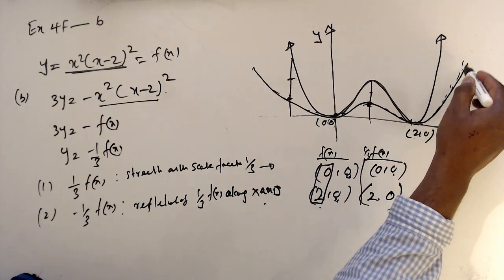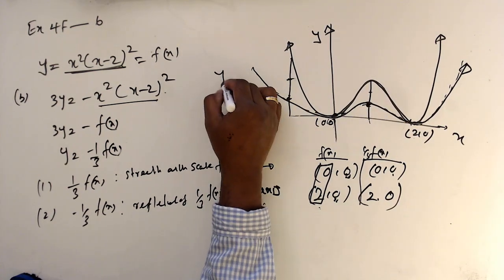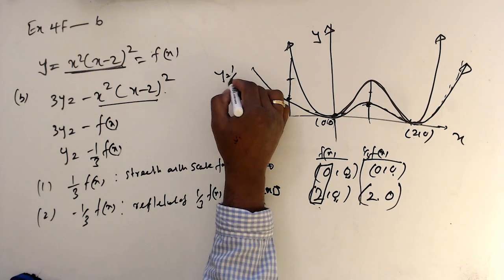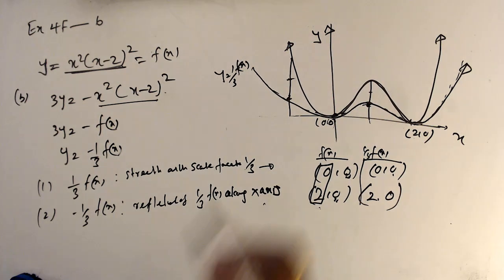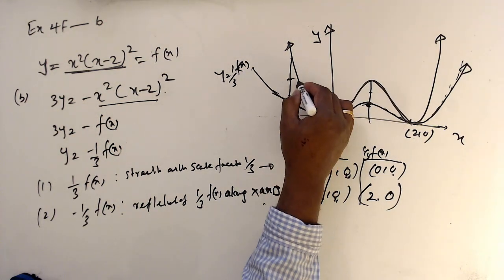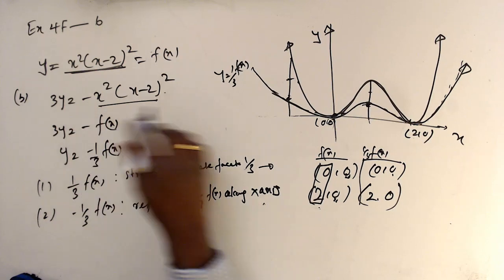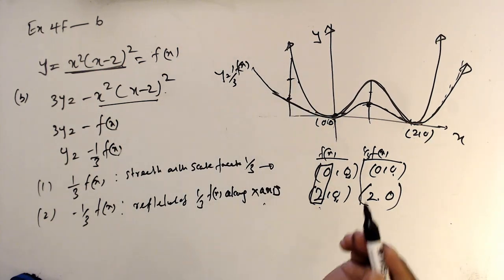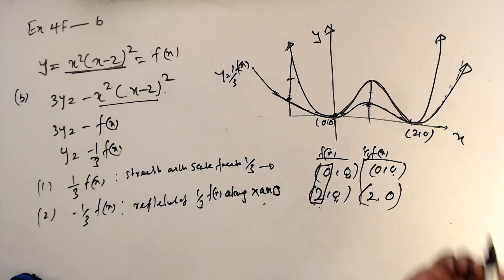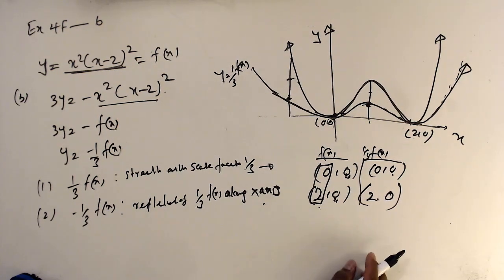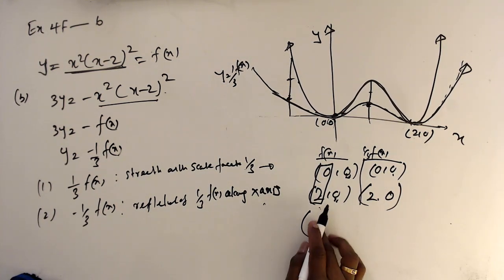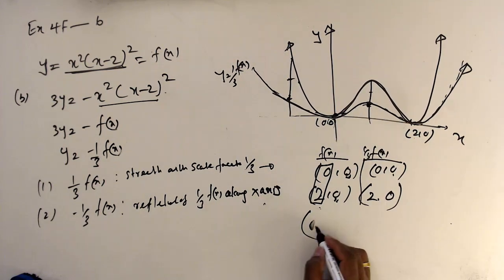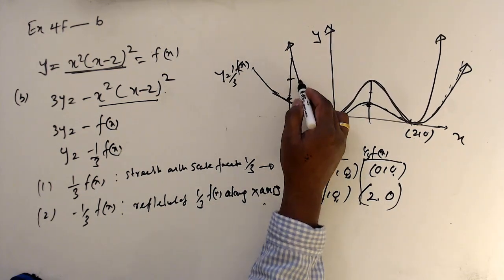This is y equals one third f(x). You can find some points if you want. You can put x equals minus 2 into this equation and take a point, or x equals 1 and get another point, then you can work on those points. You can expand the number of points by assuming values. Let's say x equals 1 for the f(x) graph.